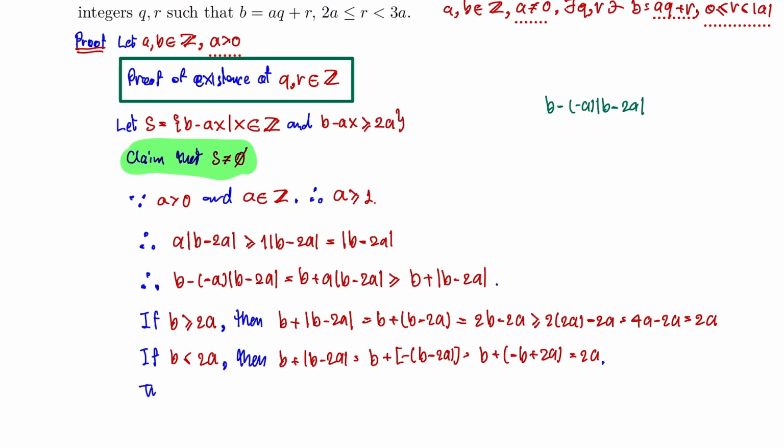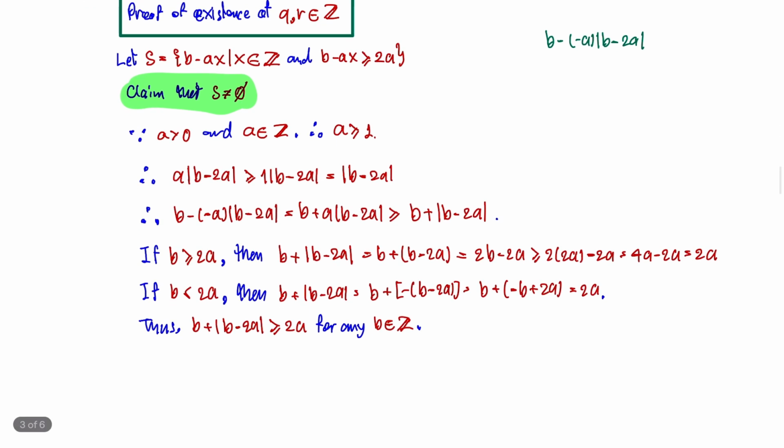Therefore, b plus the absolute value of b minus 2a is greater than or equal to 2a for any integer b.